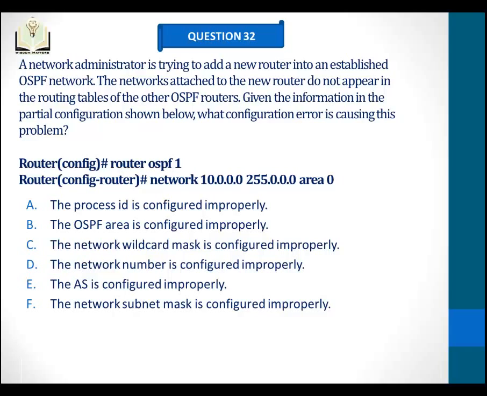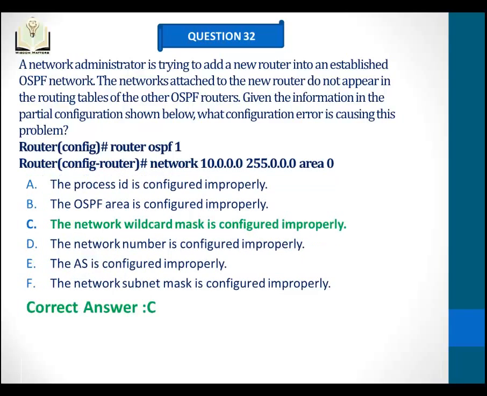C. The network wildcard mask is configured improperly. D. The network number is configured improperly. E. The AS is configured improperly. F. The network subnet mask is configured improperly. And the answer is: the network wildcard mask is configured improperly. Remember, the wildcard mask should be the opposite of the subnet mask.